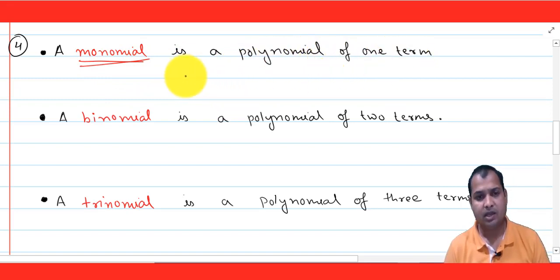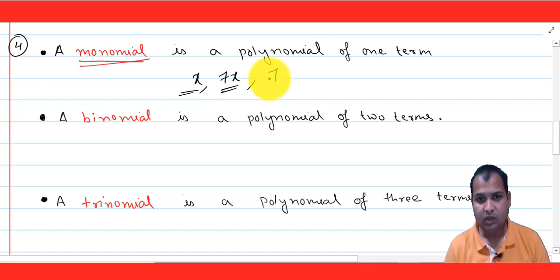Like if I write x, this is an algebraic expression and it has only one term, so this is monomial. If I write 7x, this is also monomial. If I write only 7, still this is a monomial because I can write it like this, 7 into x to the power 0.